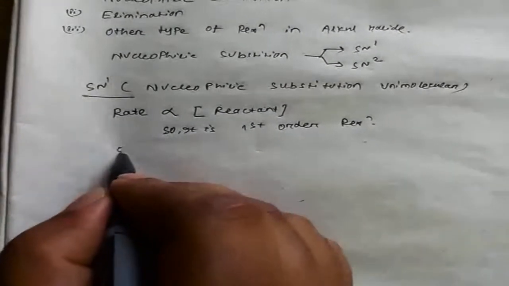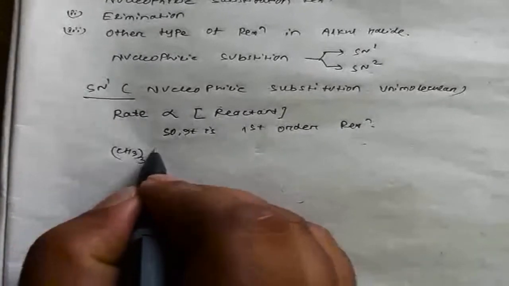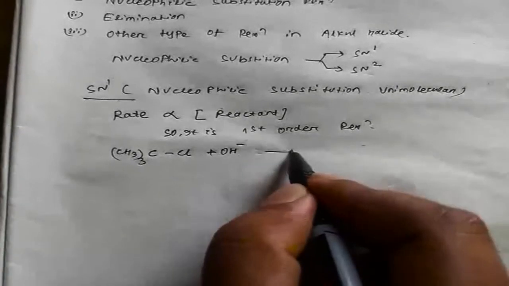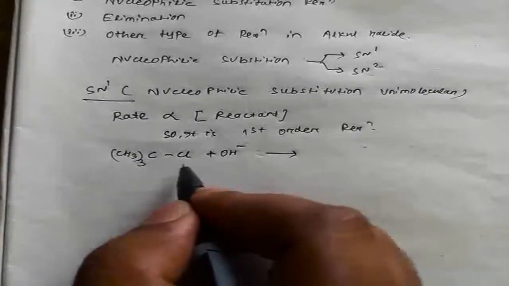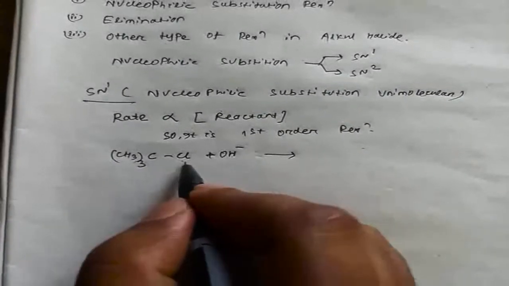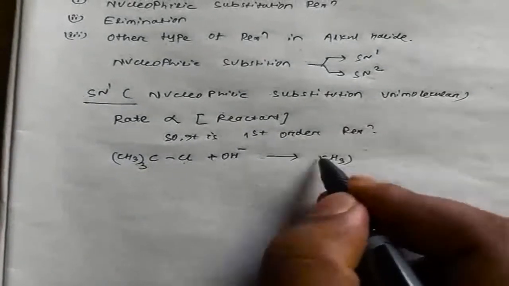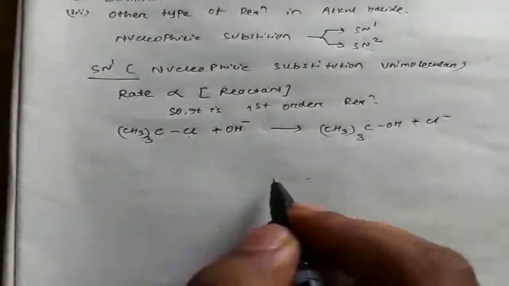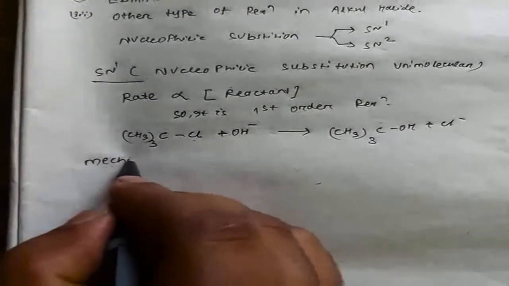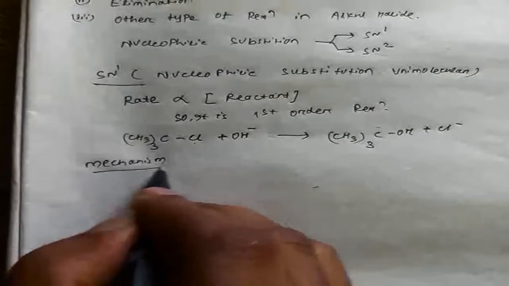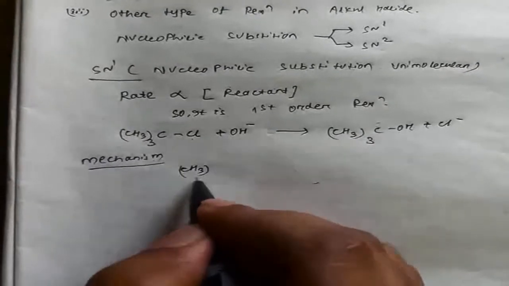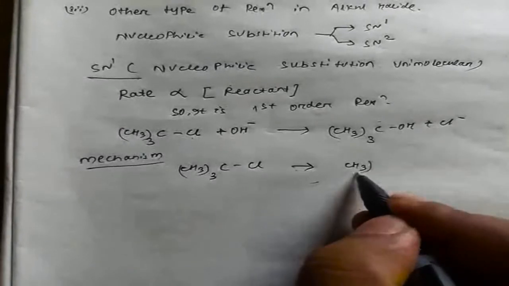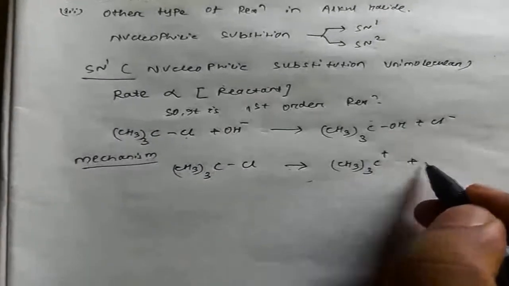Example: tertiary alkyl halide reacts with OH minus, that is the nucleophile, in a nucleophilic substitution reaction. So the product is (CH3)3COH plus Cl minus. Mechanism: in the first step, the tertiary alkyl halide breaks down to give a positive charge on carbon and chlorine negative charge.